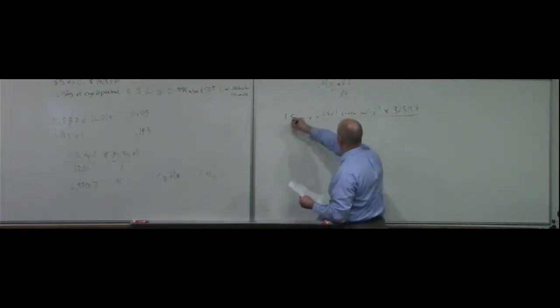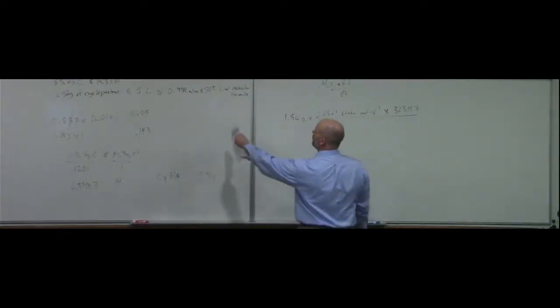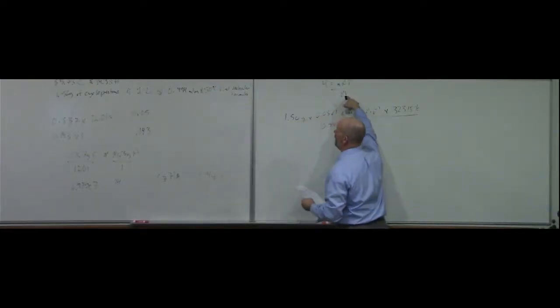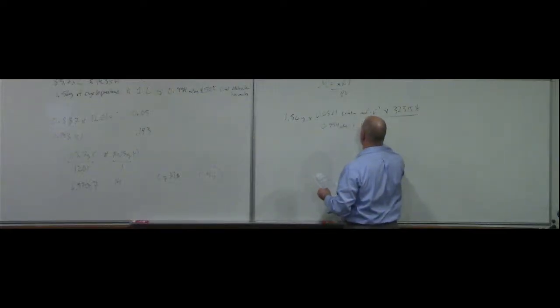I'm going to divide that by my pressure, and my pressure is 0.984 atmospheres. And I'm going to multiply that by my volume, which they're giving me as 1 liter.